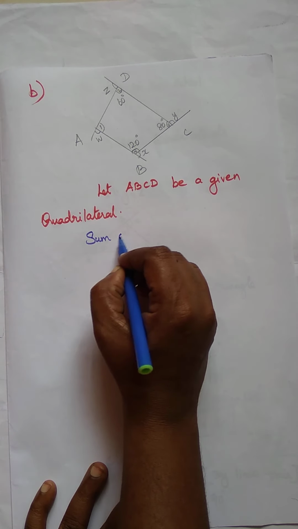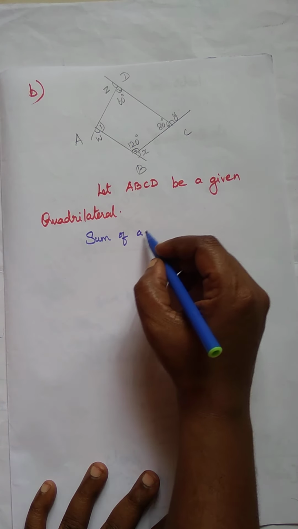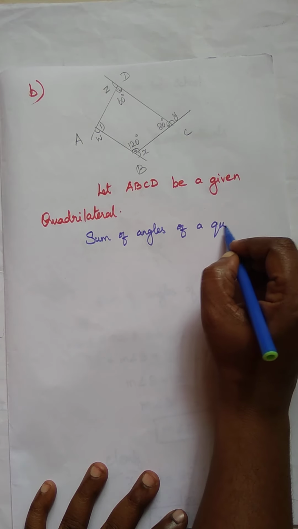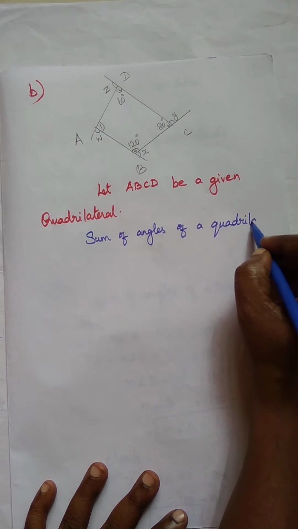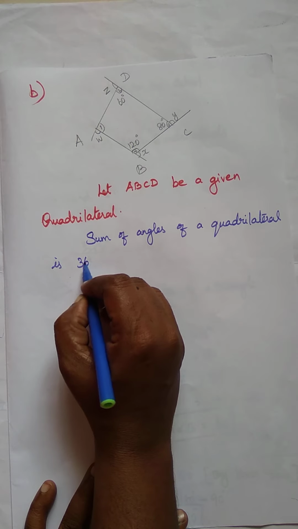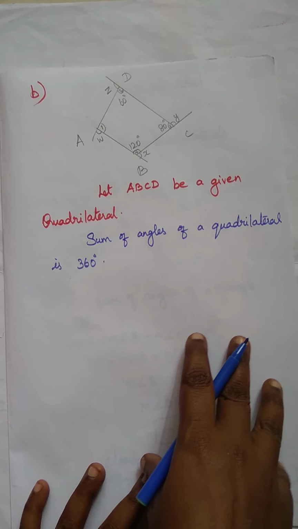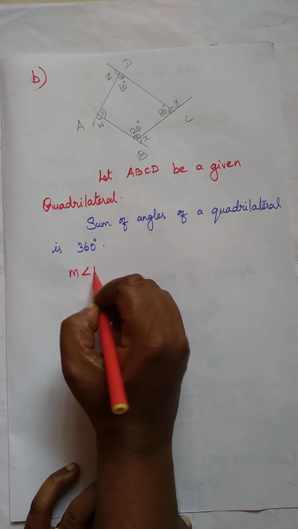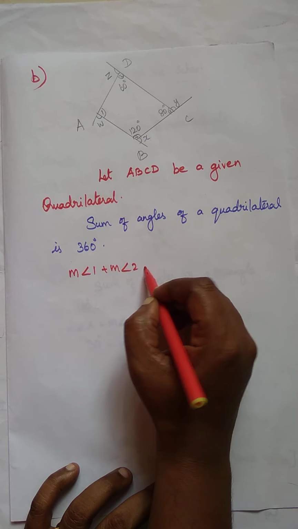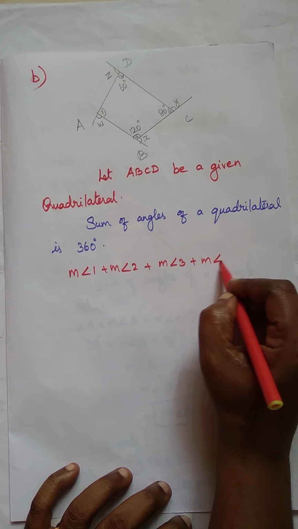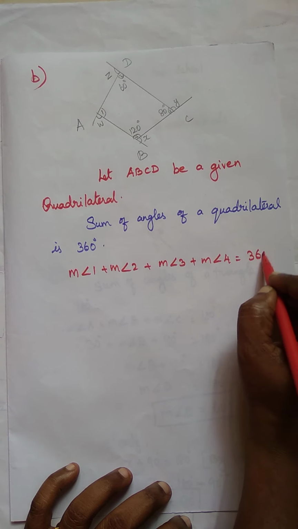Sum of angles of a quadrilateral is 360 degree. Okay, so we write that measurement of angle 1 plus angle 2 plus angle 3 plus angle 4 is equal to 360 degree.